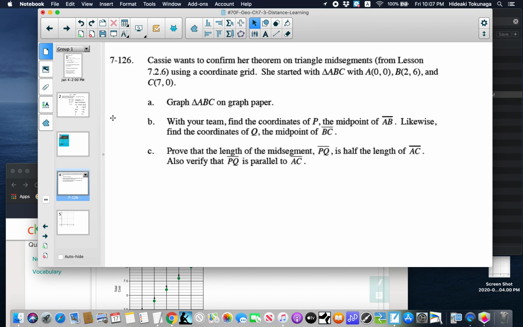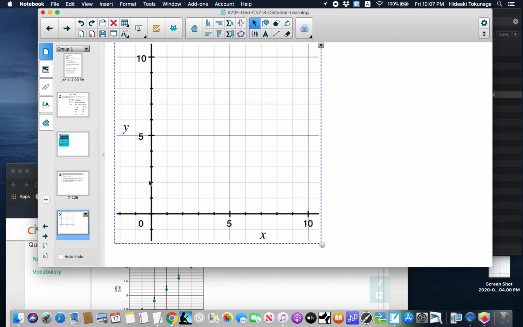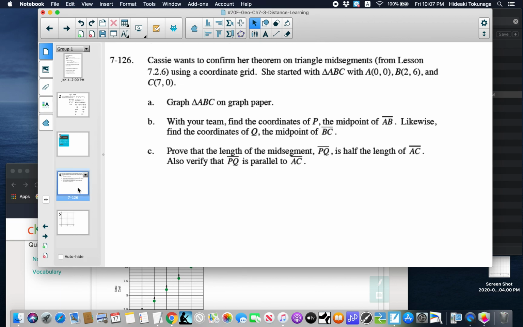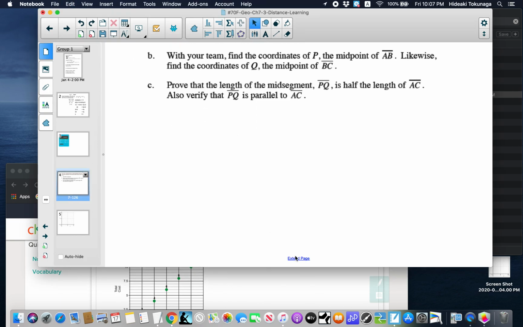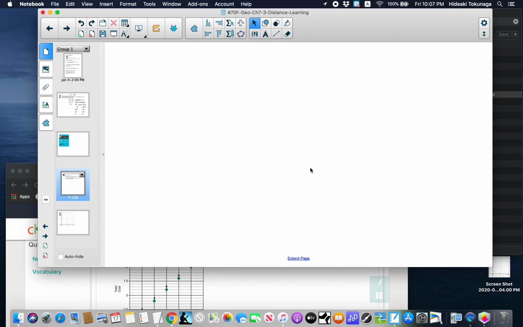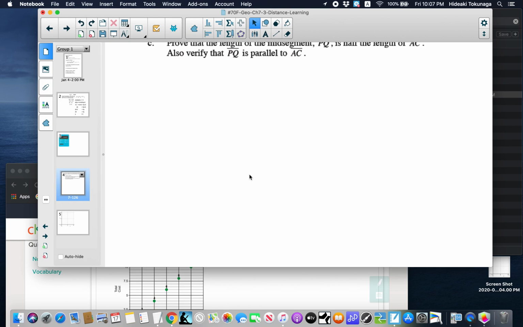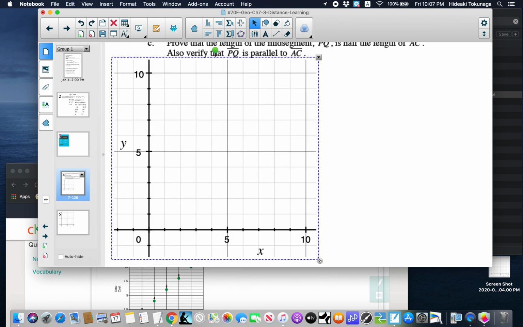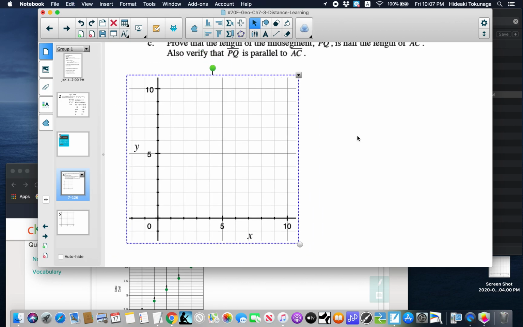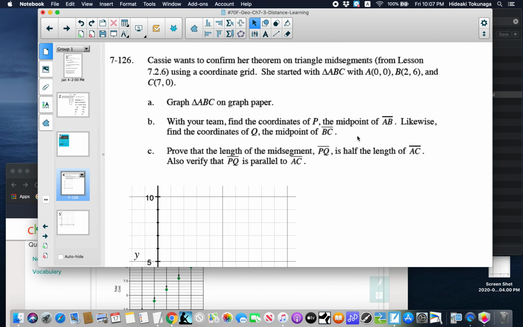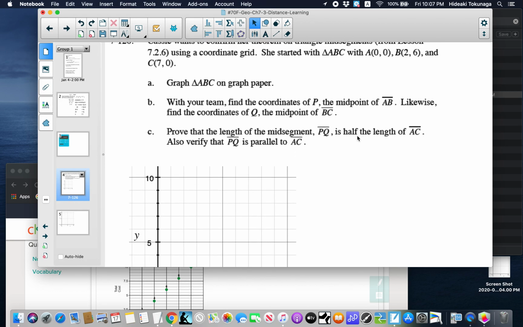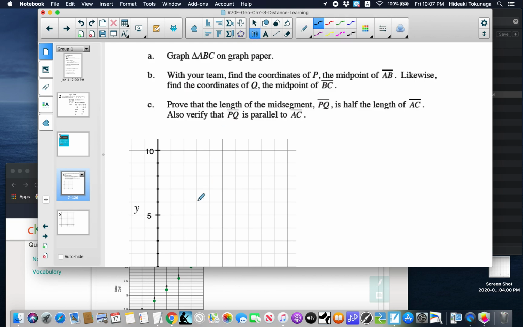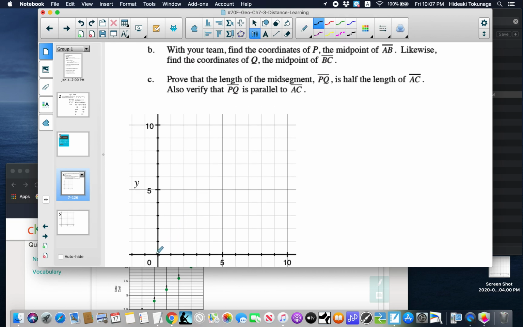Let's try. I will cut and paste this below. Let's do question A first. The first point is (0, 0), that's easy, right here.